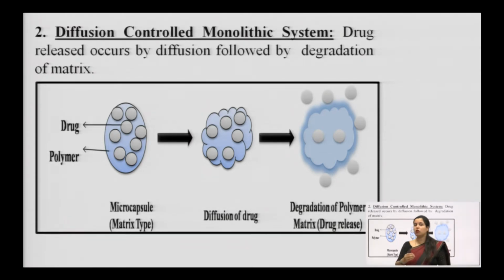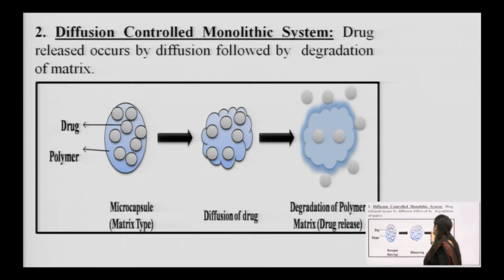It depends on the property of the polymer which we are using to coat the core material. Here you can see the drug is encapsulated in the polymer shell, and then the drug particles come onto the surface of the polymer membrane and diffuse out to the outer environment.